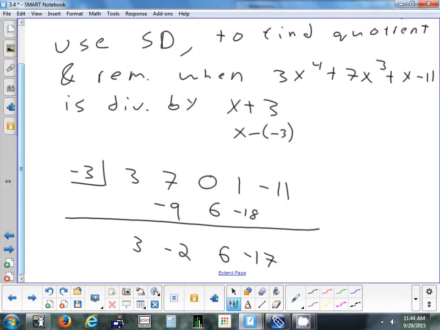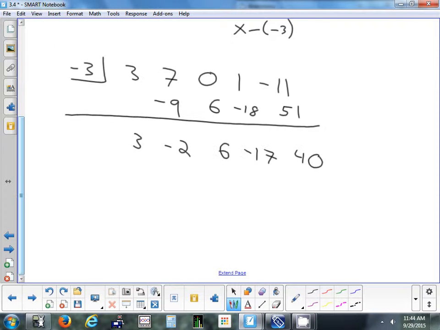-17. Oh, we got a bigger number here. -17 times -3 is 51. And add. What's 51 take away 11? 40. Okay. Let me just double check, make sure. 3, -2, 6, -17. Yep, 40 is the remainder. Okay, so that's your remainder.